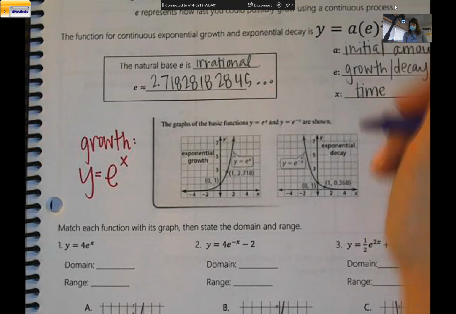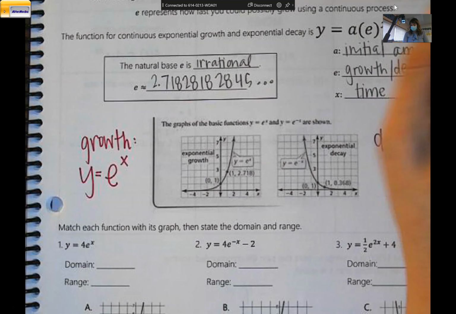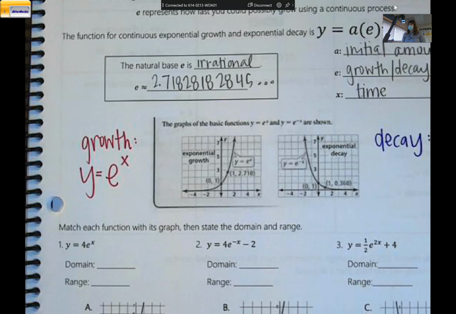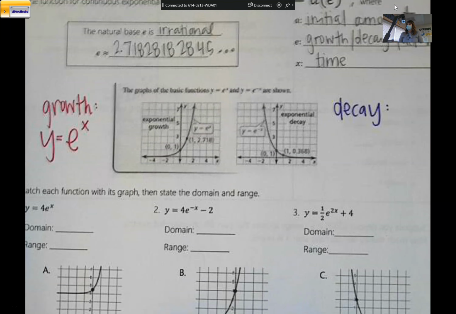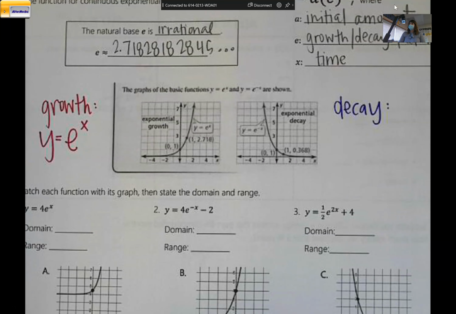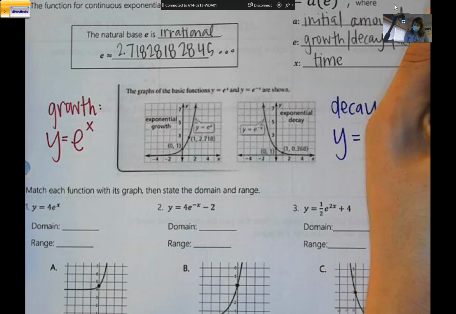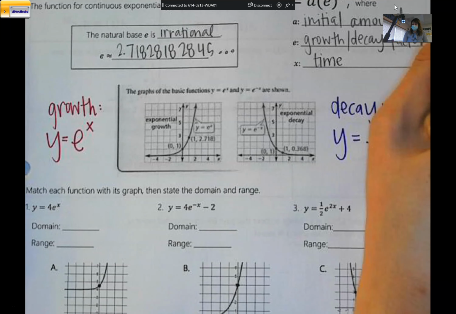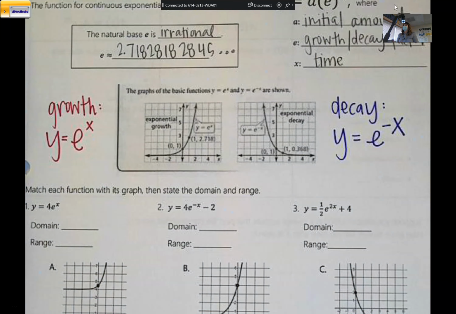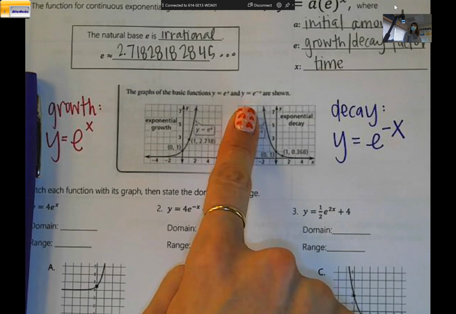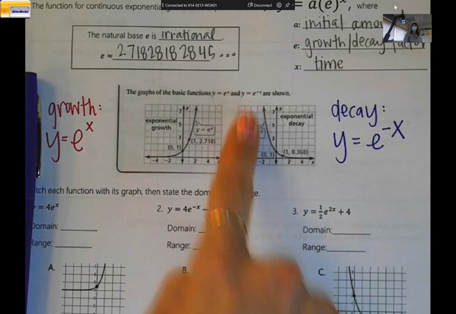On this side, we have decay. And this is the function y equals e to the negative x. Starts out really big, gets small very quickly, and then tapers off to 0.